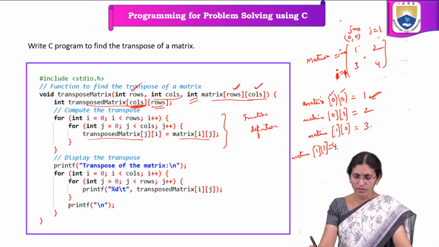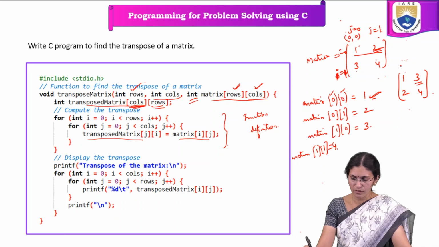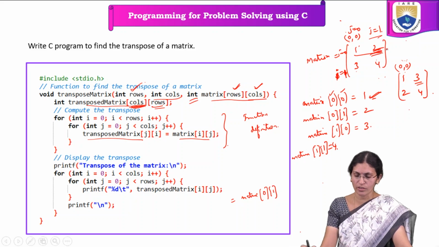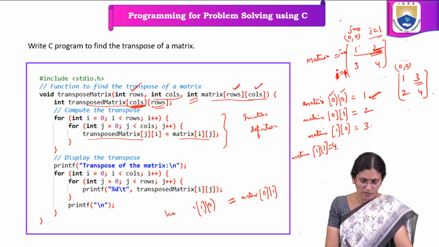What we have to do here, in order to find the transpose of this matrix, is exchange the row values. So in the final matrix after applying the transpose, we have 1, 3 and then 2, 4. The logic is that the value present at matrix of 0, 1 is assigned to the transposed matrix at 1, 0.